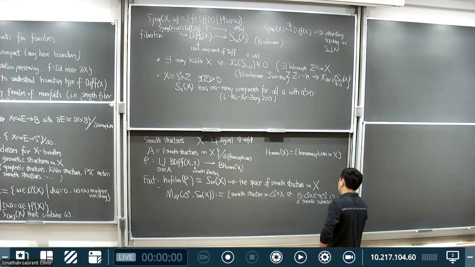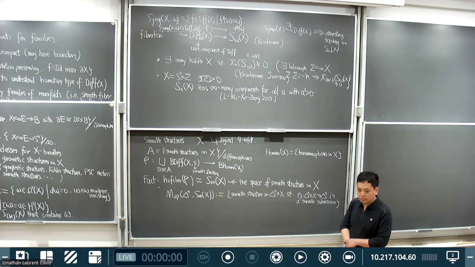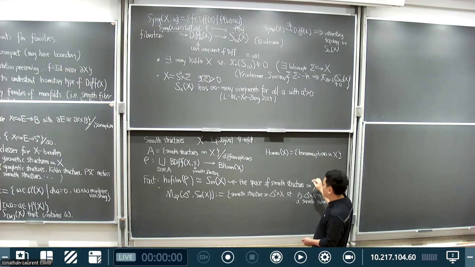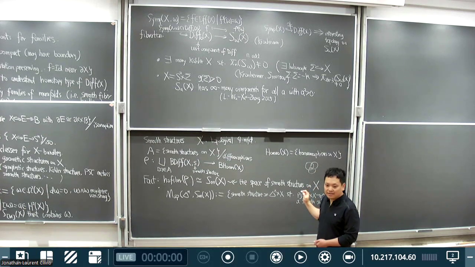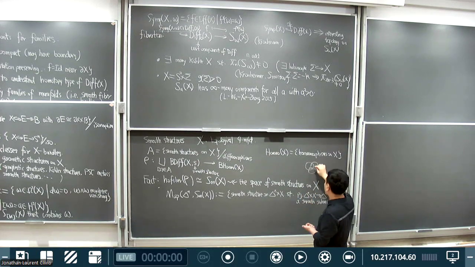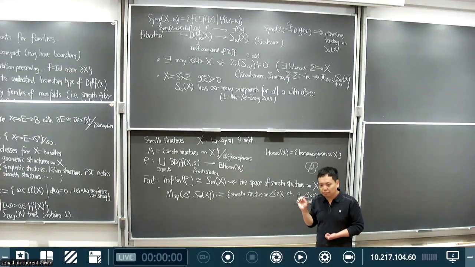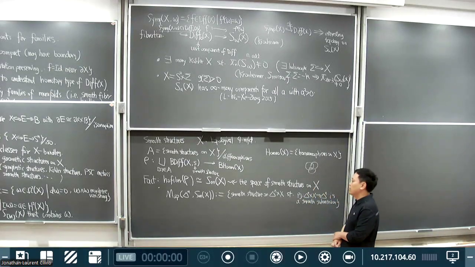What's your definition of smooth structure? It's not the maximal one? The smooth structure of X means an open cover, and we take the maximal collection of smooth atlases.